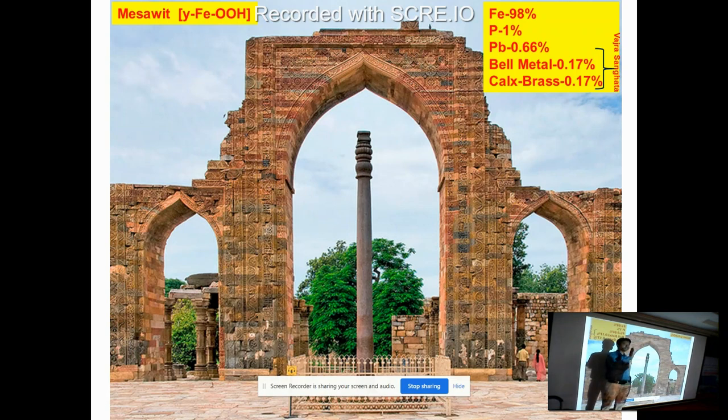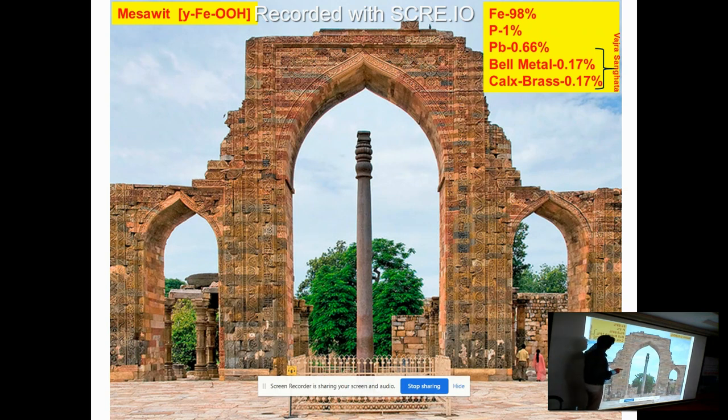That means there are some metals where an oxide layer is formed which acts as an inhibiting layer against further oxygen attack. So along with iron, people at that time added small percentages of other elements like bell metal, phosphorus, lead, some brass.